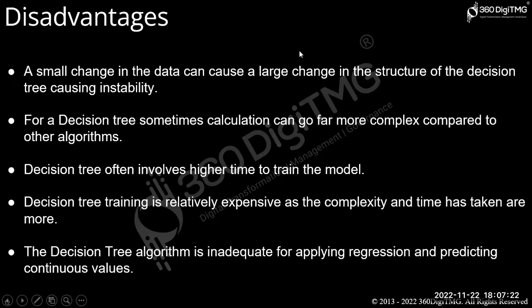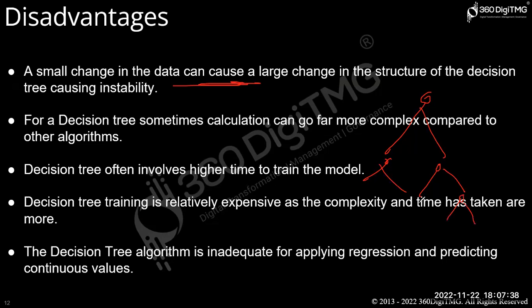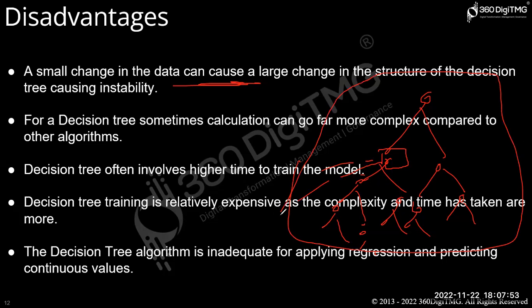What are the disadvantages? Even a small change in the data can cause a large change in the structure of the decision tree, causing instability. Based on how we split the data, if you change even the smallest data, the decision might change and the whole tree has to be restructured.